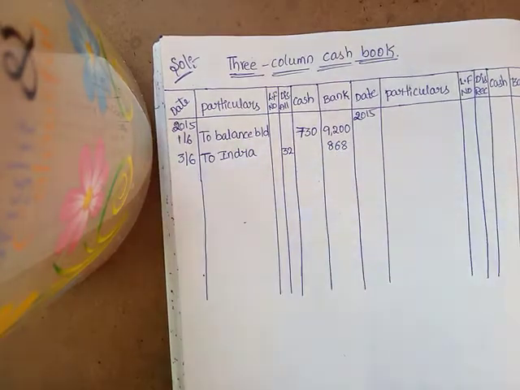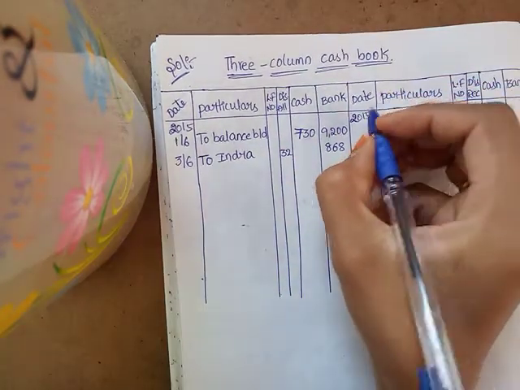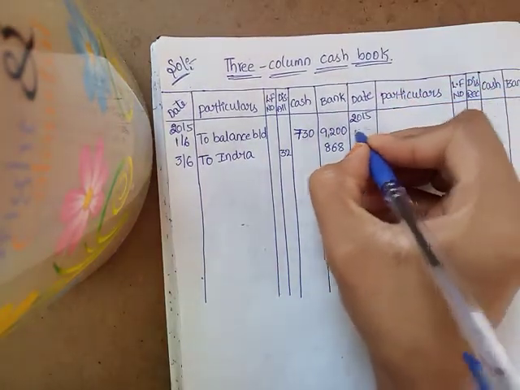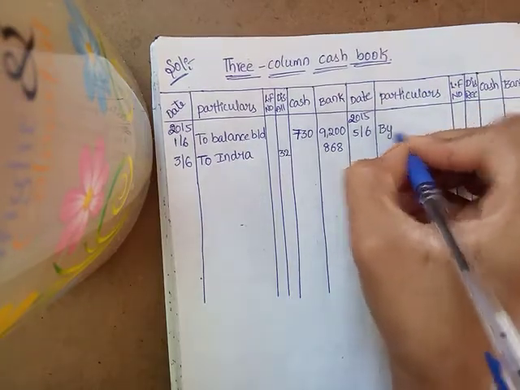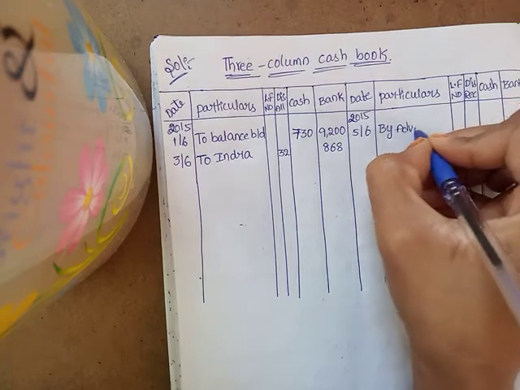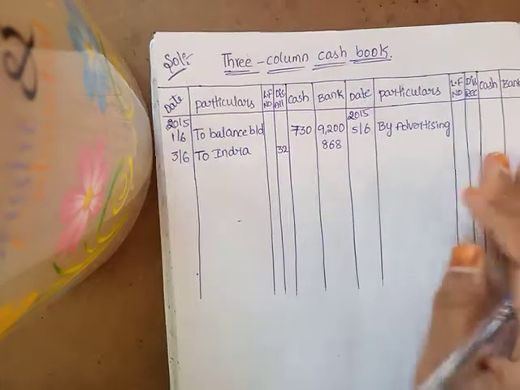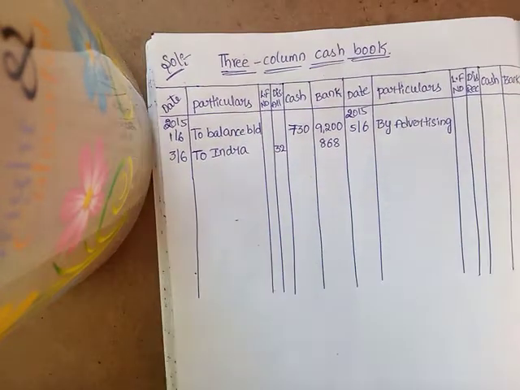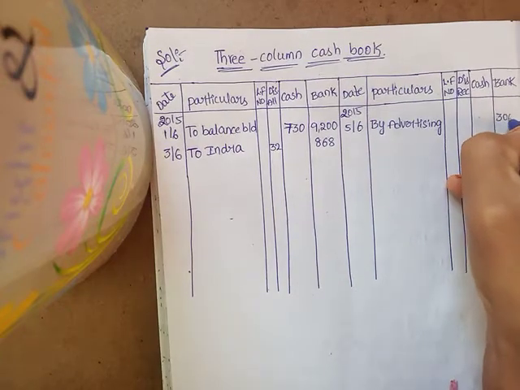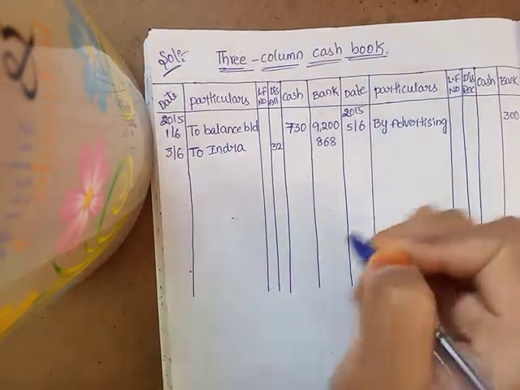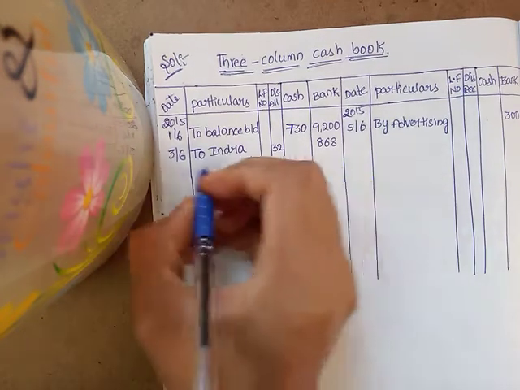Next is paid for advertising by check. Fifth, by advertising, paid in the form of check now. So write that amount in the bank column, that is 300. Cash sales, cash account debit to sales account.